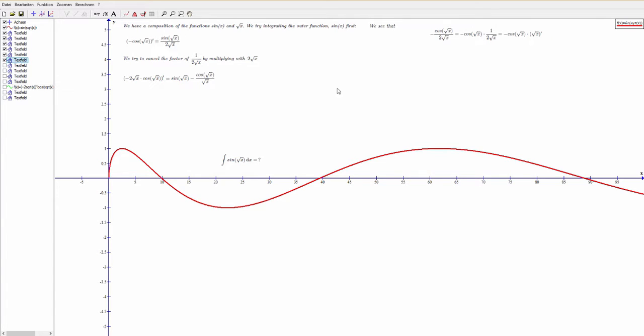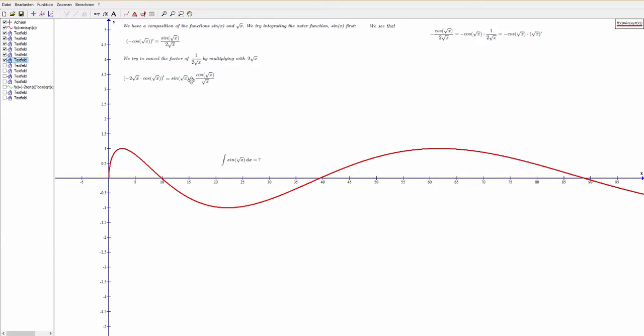Let us write this down. We see that for this factor, if we divide it by 2, minus cosine of square root of x divided by 2 square root of x is really just the minus cosine of square root of x times 1 over 2 square root of x, which is just the derivative of square root of x.